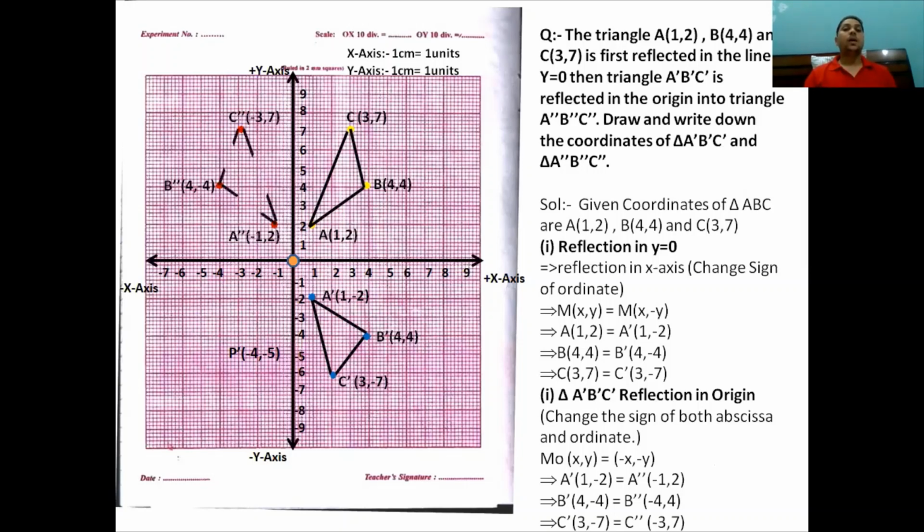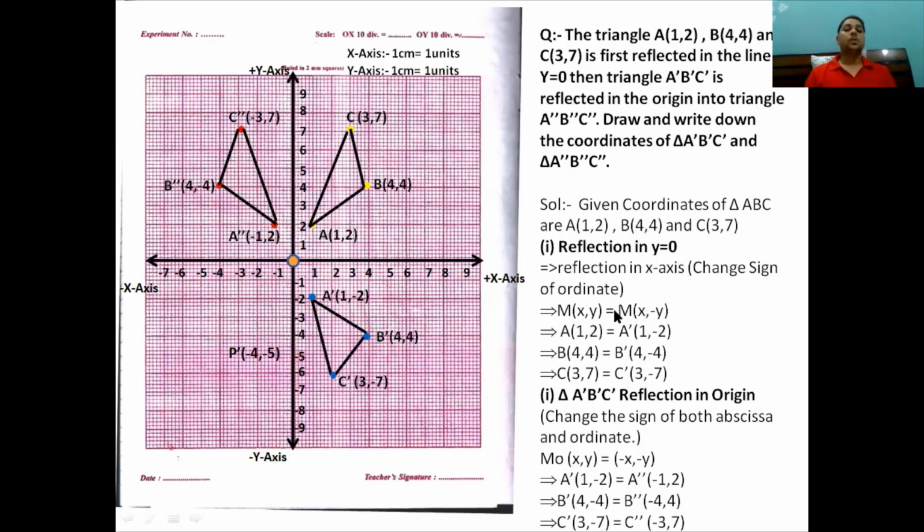Join these points. This will be the reflection of this triangle in the origin here. So we have three main aspects here. Triangle ABC is first reflected from this to this, A' B' C'. Then this triangle is again reflected in the origin to A'' B'' and C''.